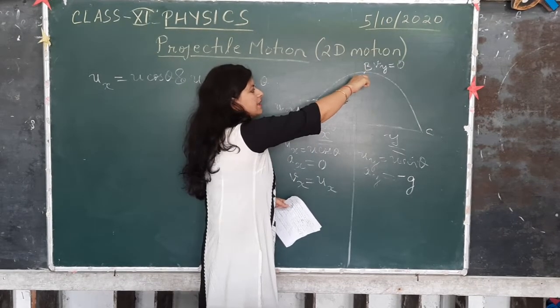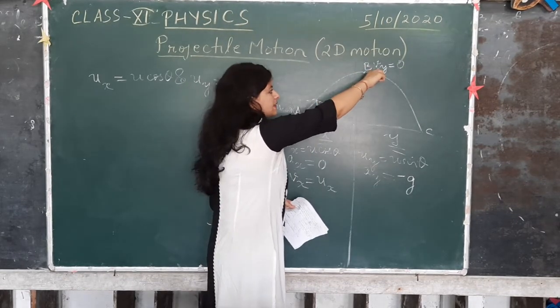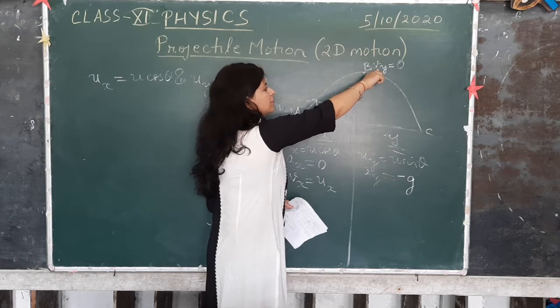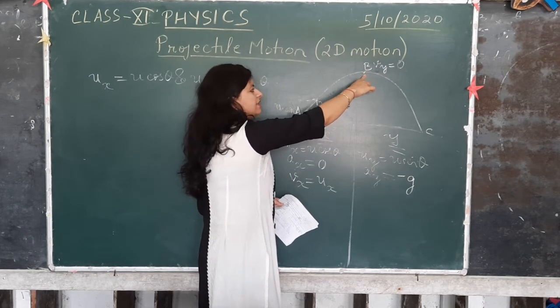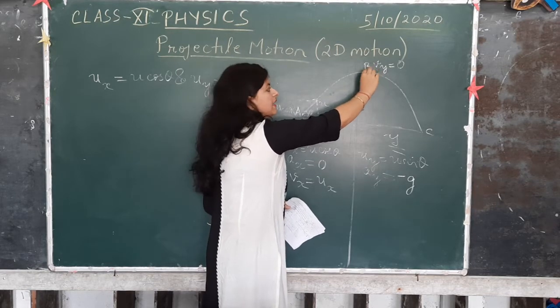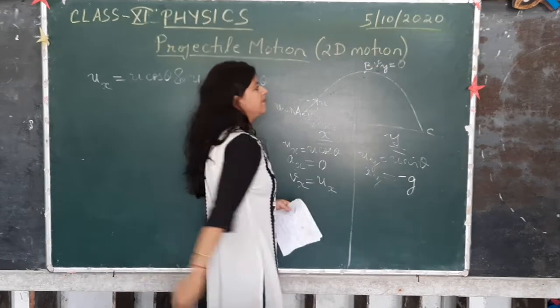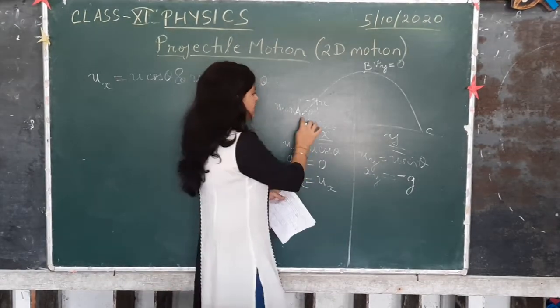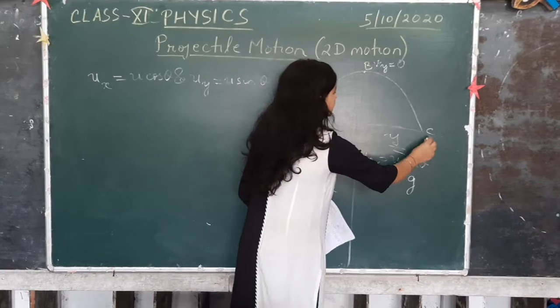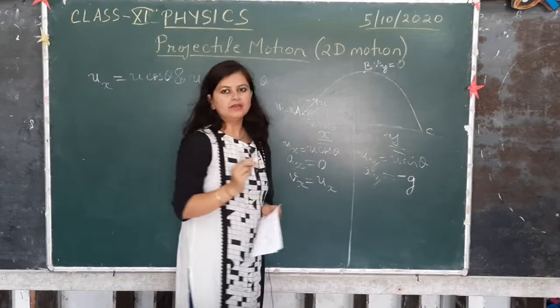That means acceleration along the y-axis first decreases. When it reaches the highest point, velocity becomes equal to 0. That means velocity is decreasing. On reaching the top, velocity becomes equal to 0, and while descending, the velocity constantly increases. And when it reaches this position, it will be exactly equal to the initial velocity.